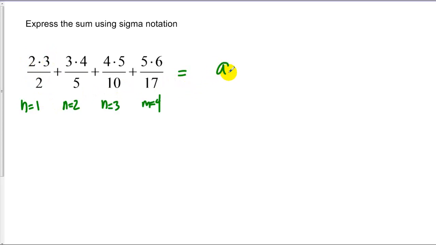So my nth term would be n plus 1 times n plus 2. That'll generate 2, 3, and then 3, 4, and 4, 5, and 5, 6. The bottom we've kind of seen before. If we square each term and add 1, that will generate my denominator.